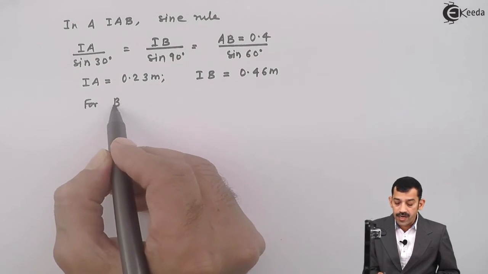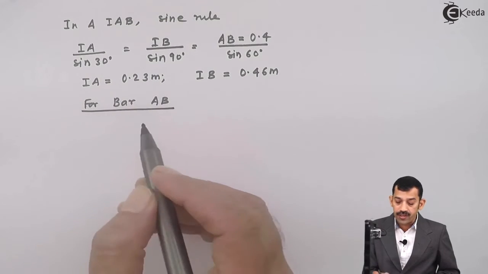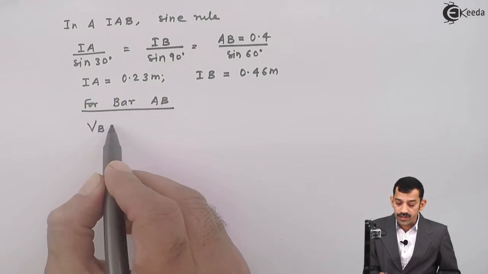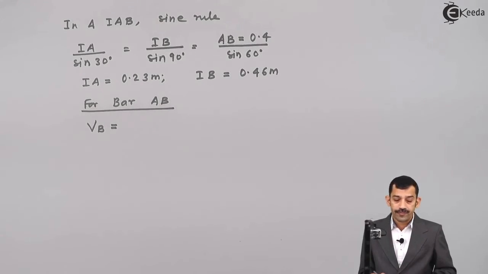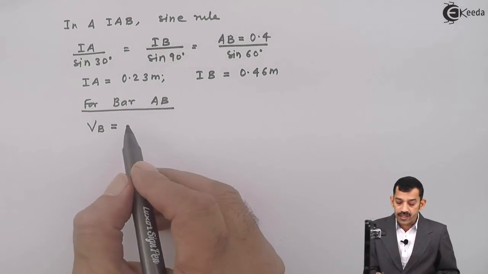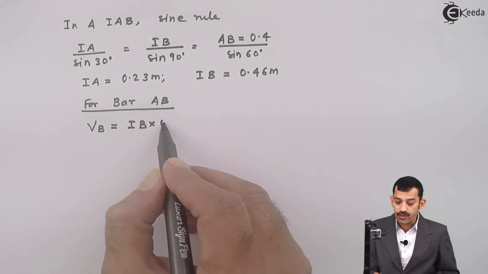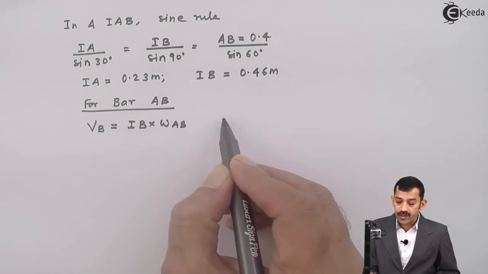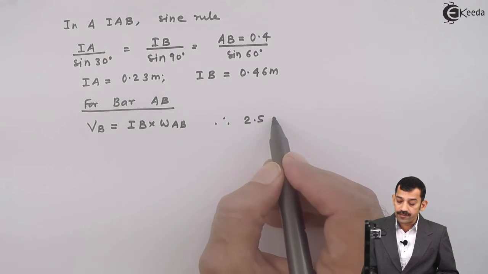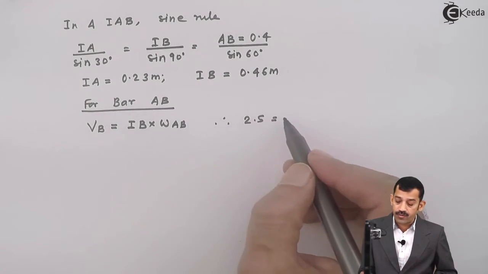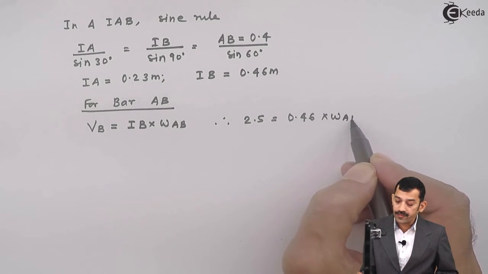The linear velocity of point B is known, therefore VB equals IB into omega AB, where VB is 2.5 meters per second and IB is 0.46.